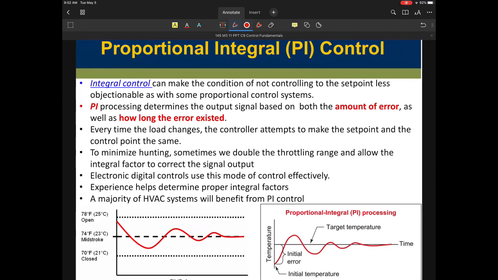With integral control we try to make controlling to something other than the set point less objectionable than in a proportional system. So when we look at how long you have been away, it attempts to make a manipulation of the output of the device.